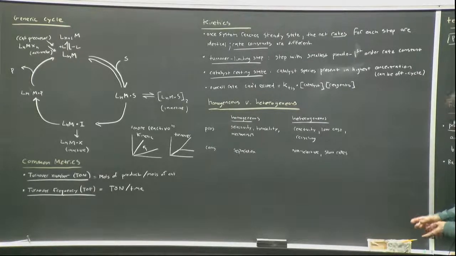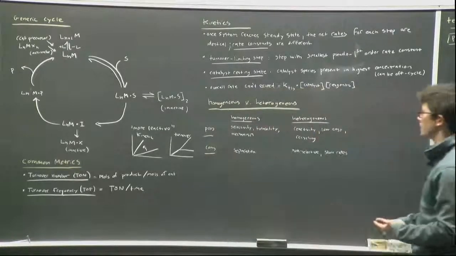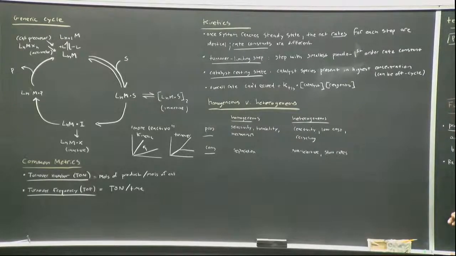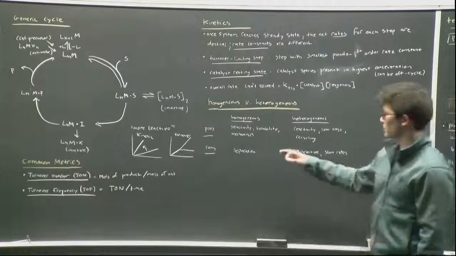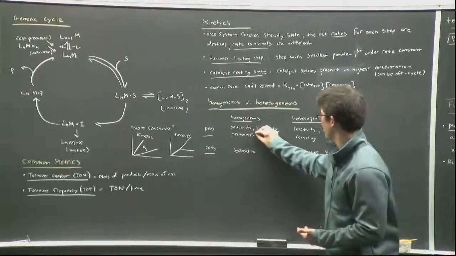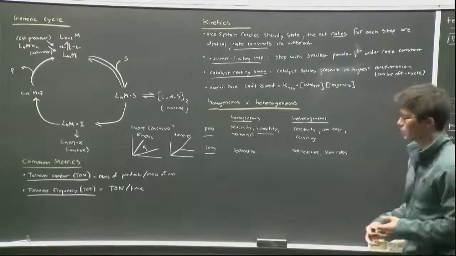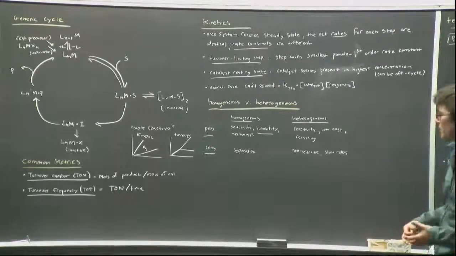And so, generally speaking, there are some advantages and disadvantages of both. Some of these are probably obvious. Homogeneous processes are typically more selective, and I think the really key point is that the reaction outcomes can be tuned through thinking about the coordination environment around the metal, the 3D geometry of the ligands, the electronic and steric properties of the ligands, in ways that are hard to recapitulate in heterogeneous catalysis.